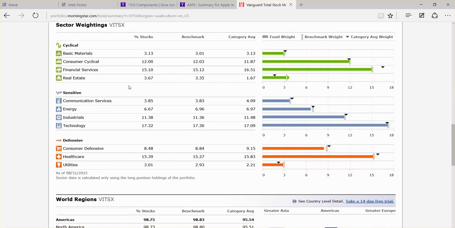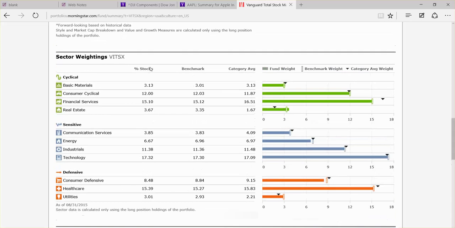I can tell what sectors it's invested in down here. Sometimes they'll give me the totals for like the sectors. The 11 different sectors are broken down into cyclical, which means they have cycles, sensitive and defensive.